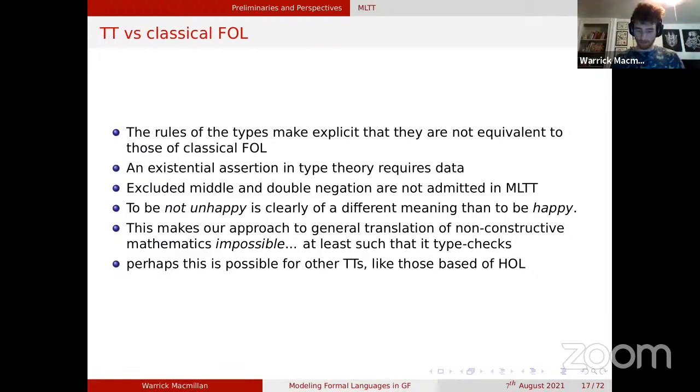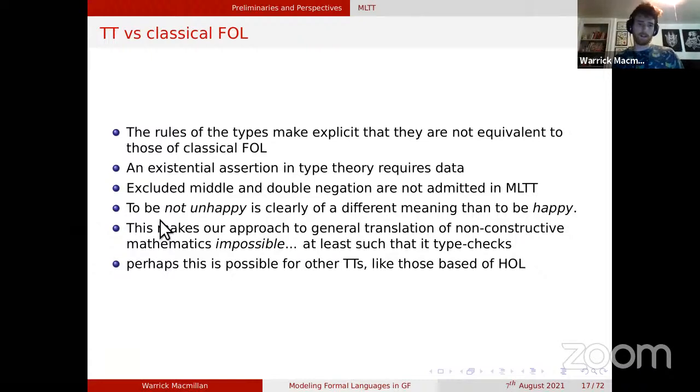Then there's also this simple linguistic example: to be not unhappy is a clear differentiation from being happy, and you would say them to mean different things. So it's kind of natural language evidence that we should be dubious of excluded middle, or at least reluctant to use it when we don't have to.